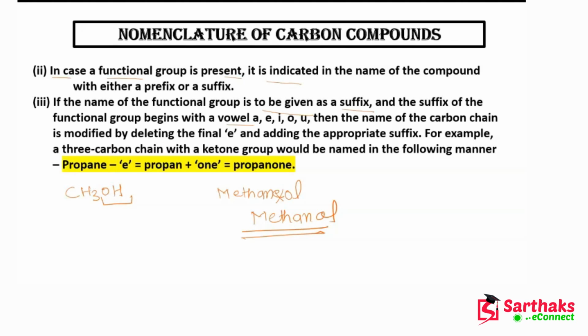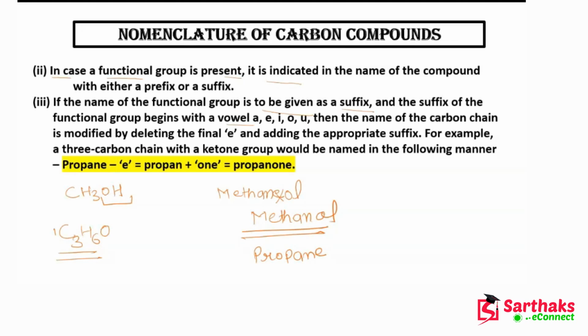So basically, for an example, let me take C3H6O. This is our compound and we have to give it a name. As you can see, 3 carbon atoms are present here, so we will call it propane.